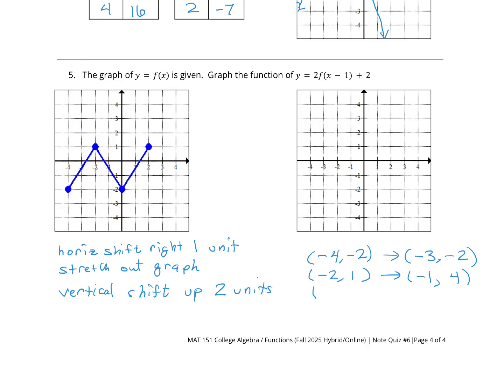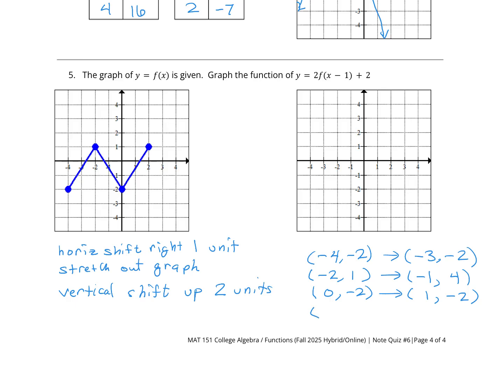Now I'm going to take the point 0, -2. I'm going to first move it 1 place to the right. So that's now going to be at x equals 1. I take that y-coordinate of -2 and multiply it by 2. So that's going to be -4, and adding 2 makes -2. You notice that it's the same height as the first one.